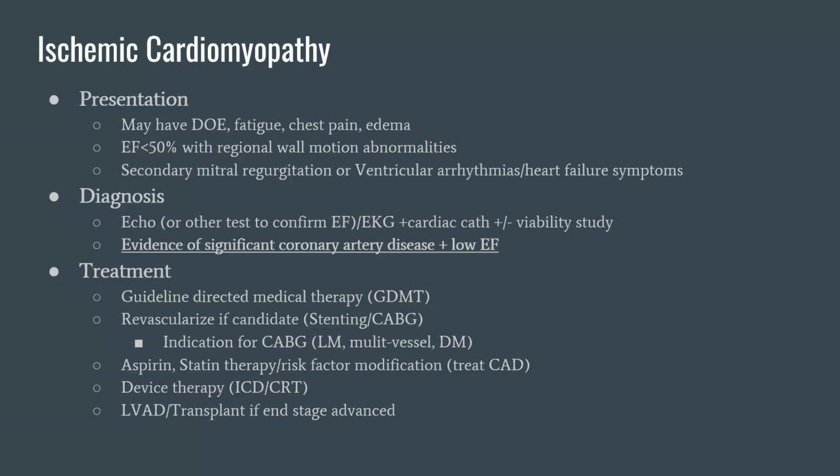If someone has a cardiomyopathy or an EF less than 35%, they are at a higher risk of developing VT just because of the EF being that low. So it's kind of an insurance policy to say, okay, you may never have VT, but you might. And if you do, here is the defibrillator to shock you out of it.